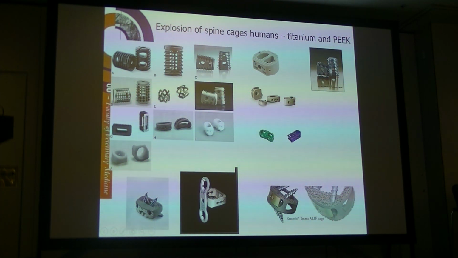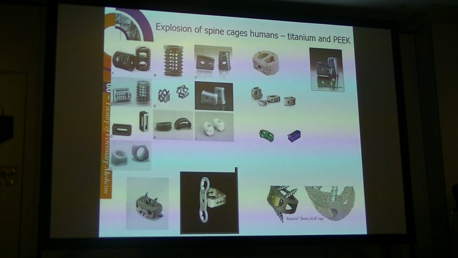And there has been an explosion of spinal cage development for humans. You see here only a limited selection of all the cages that are out there. If you Google for spinal cages in humans, you will see all the images that are put out there by the companies. Titanium, PEEK, different devices, different shapes, for the cervical spine, for the lumbar spine, all for humans.